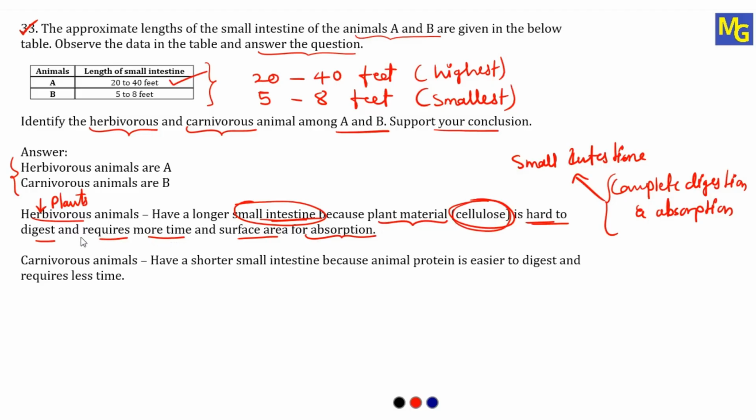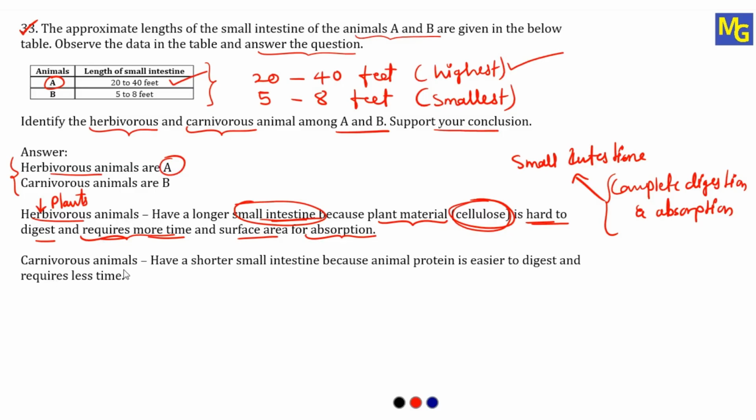If it requires more time, then the small intestine length should be longer. Therefore, 20 to 40 feet, which is the highest, should be in the herbivorous animals, and therefore animal A is herbivorous. So I have written here, herbivorous animal is A.